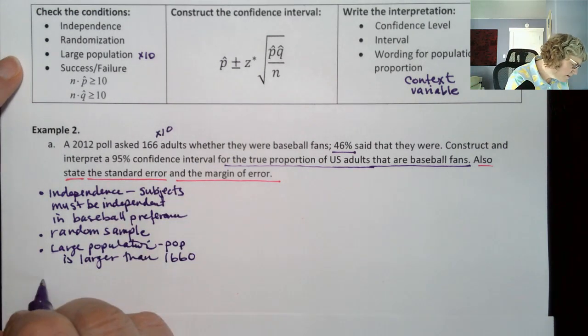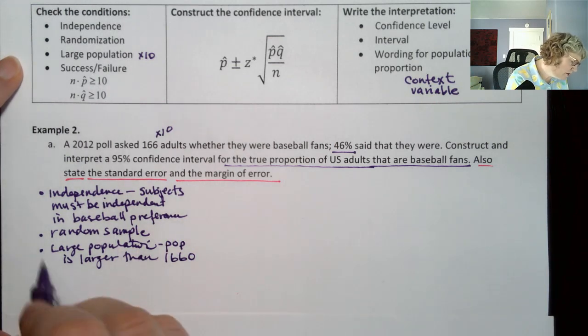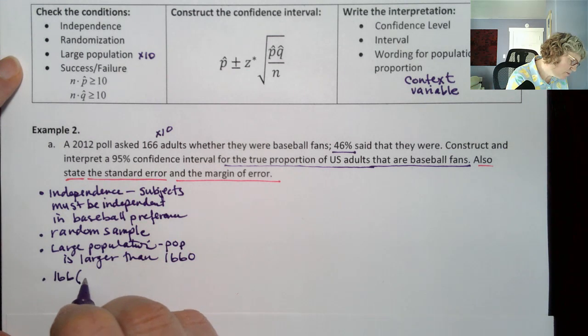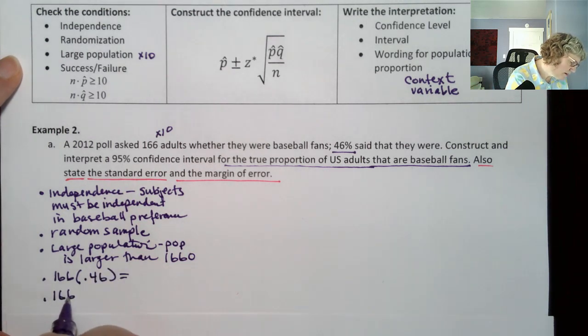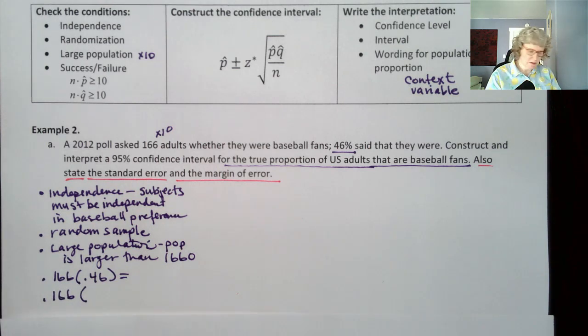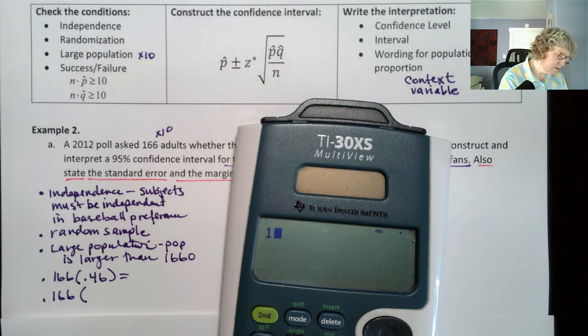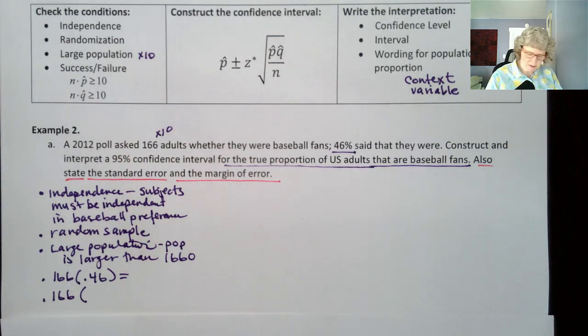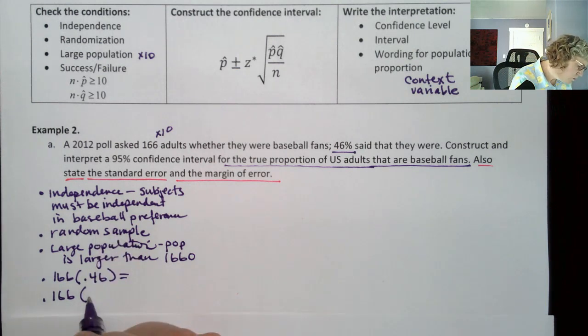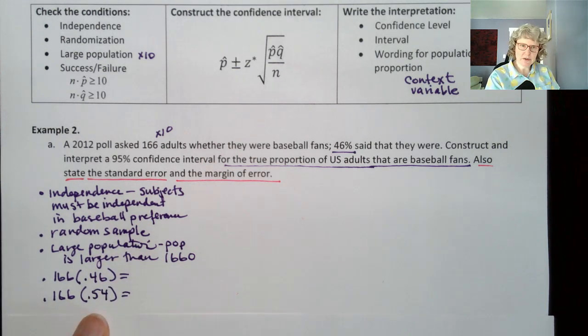And then success-failure, we're just going to check this real quickly. 166 times our p hat, which is 0.46, and 166 times 1 minus 0.46, which is 0.54. That makes sense, 46 and 54. This is pretty close to the middle, so it shouldn't be a problem.